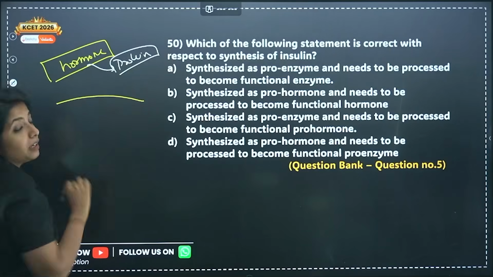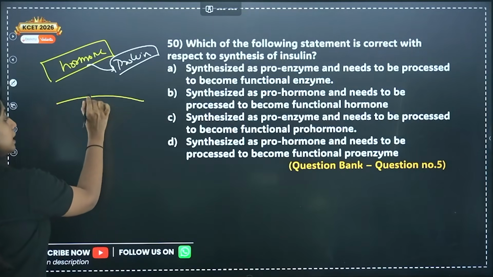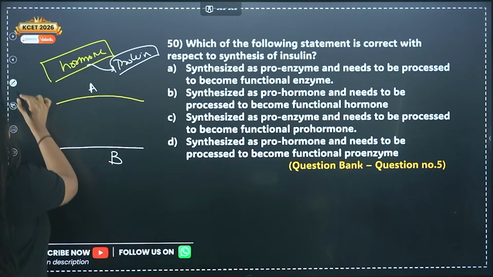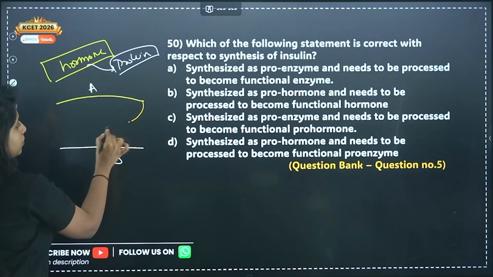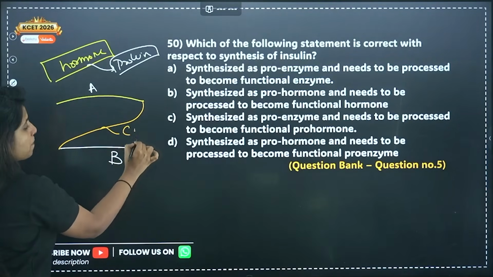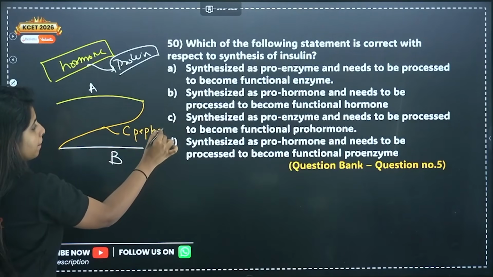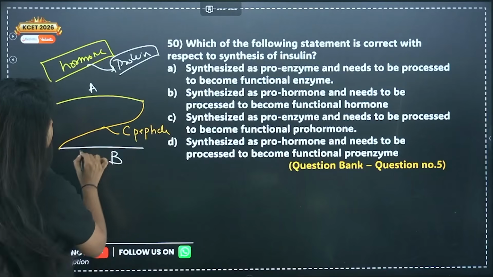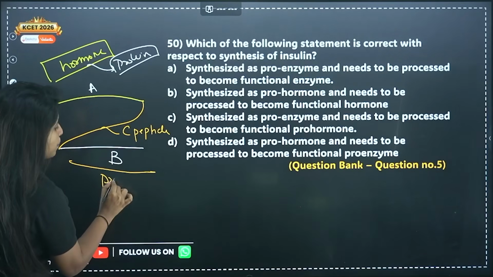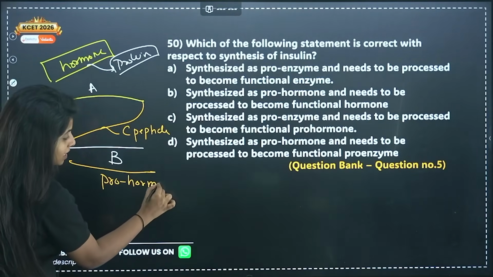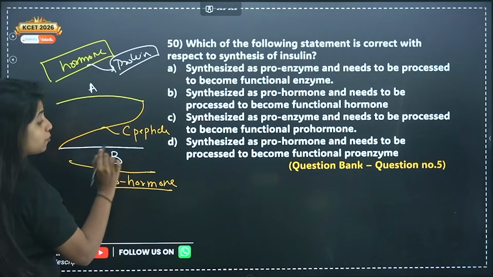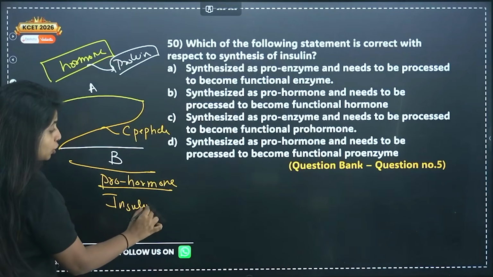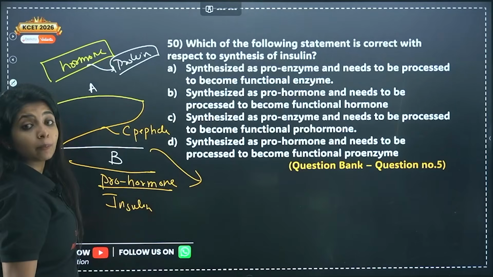Insulin has an A polypeptide and a B polypeptide, and both of them are combined with a C peptide. So A, B and C are there. This is the case of prohormone, that means I'm talking about immature insulin. You need to make it mature for it to work.